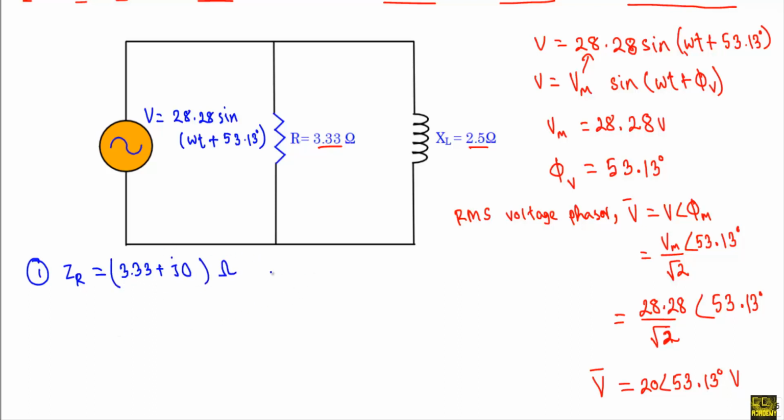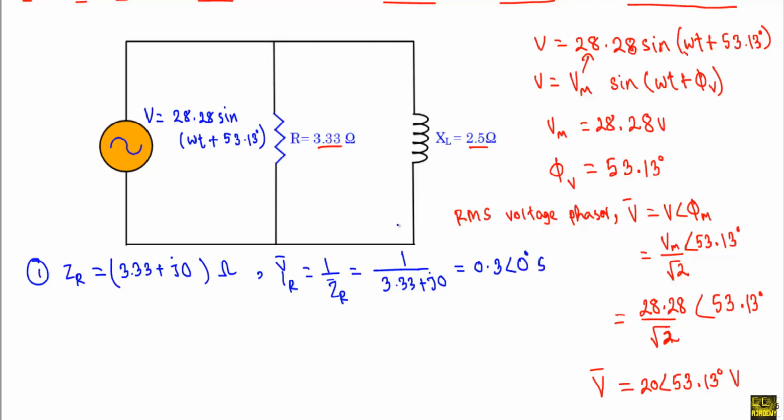Therefore the admittance of this branch, YR, is the reciprocal of ZR, 1 over ZR, that will be equal to 1 over 3.33 plus J0, which will be equal to 0.3 phase angle 0 degree Siemens.